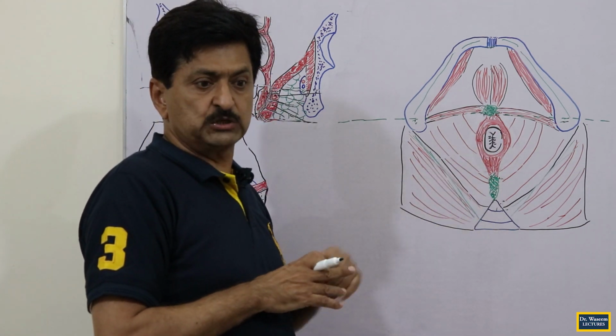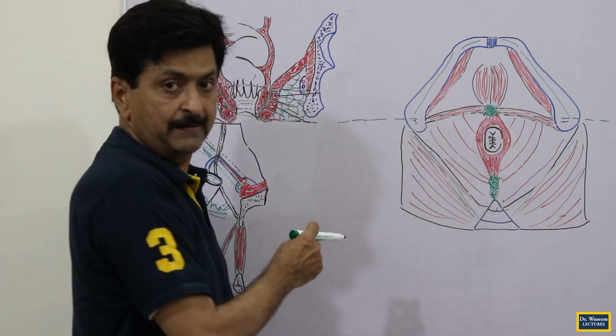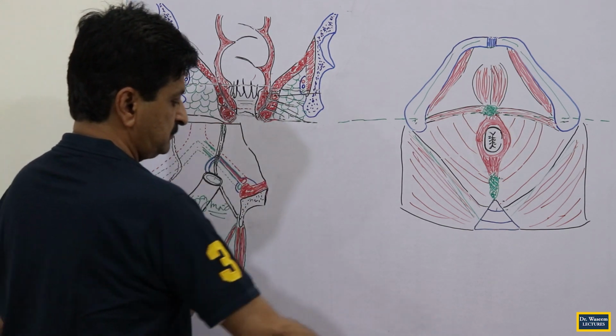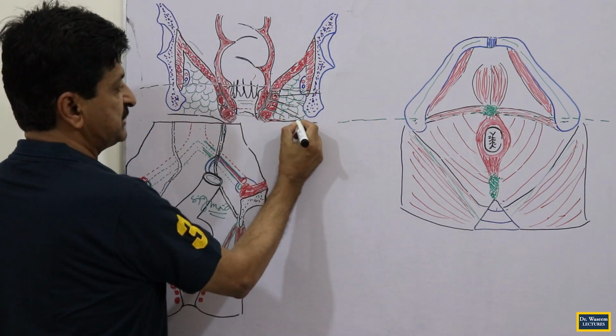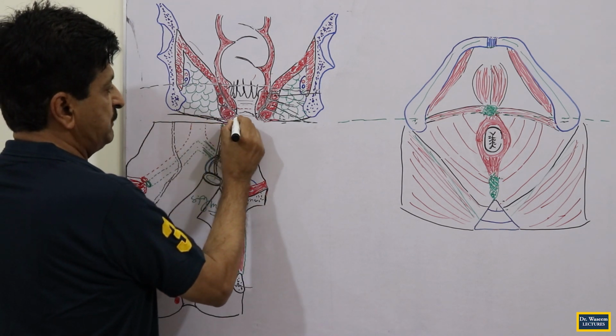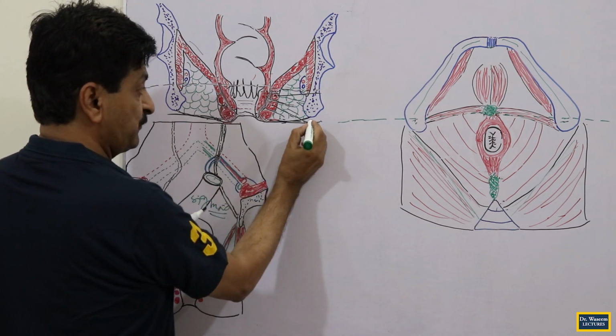If you are looking at the two sides of the anal canal, these two ischiorectal fossae, in this area, if this is skin, then the next layer is the fatty layer.